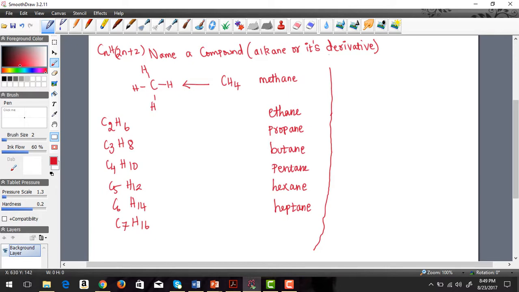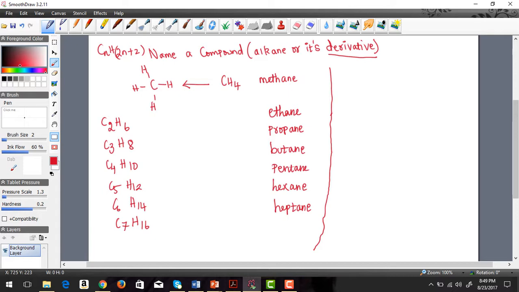What I mean by derivative is that a straight chain would be the alkane itself, and any isomer that you make off the straight chain we can call a derivative.